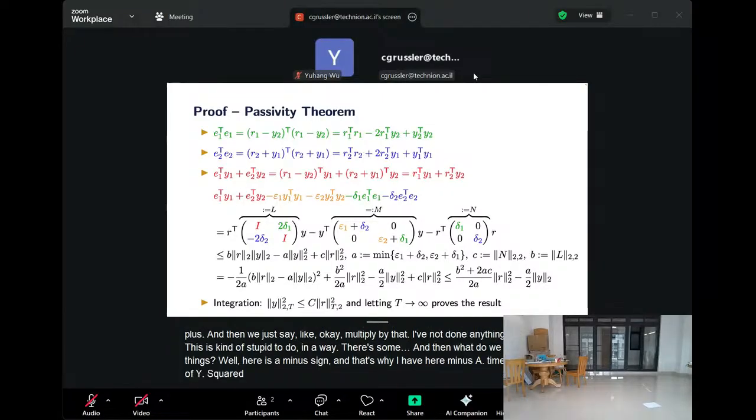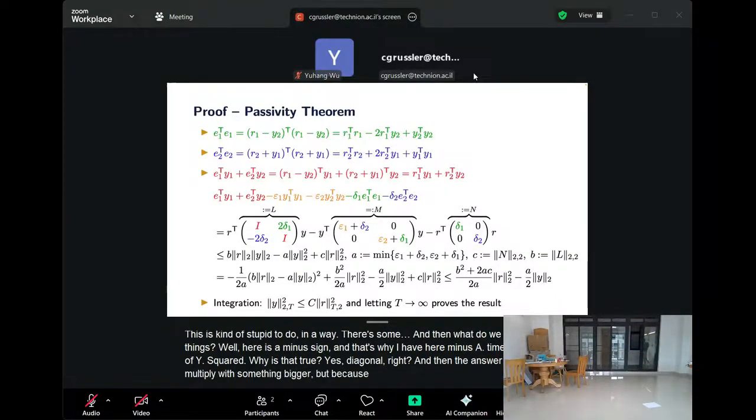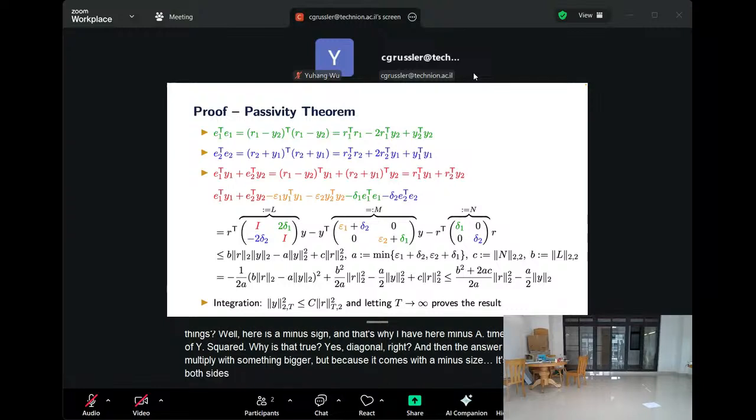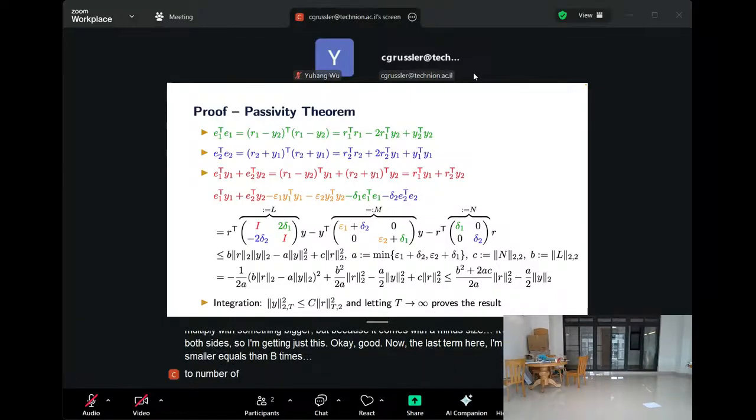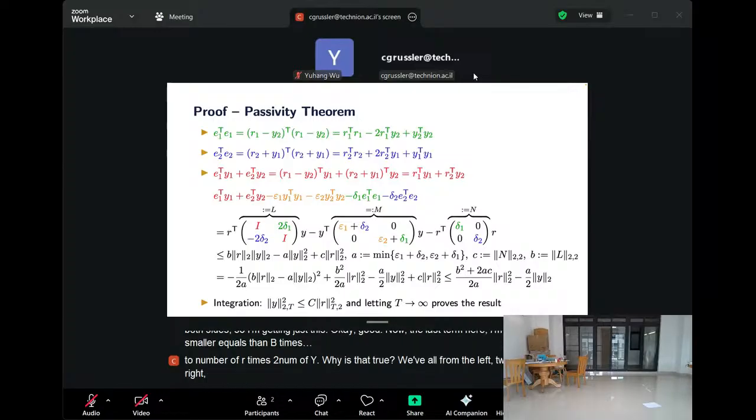Why is that true? Yes, diagonal, right? And then the other term I just multiply with something bigger, but because it comes on the minus side, I'm getting just this. Okay, good. Now the last term here, I'm saying this is smaller or equal to D times the 2 norm of R times the 2 norm of y. Why is that true? So it's essentially Cauchy-Schwarz again, right?